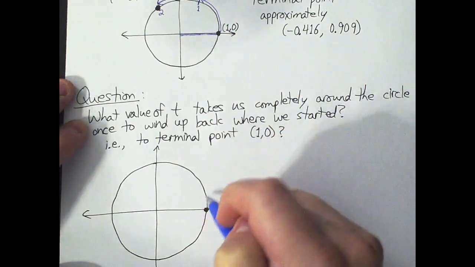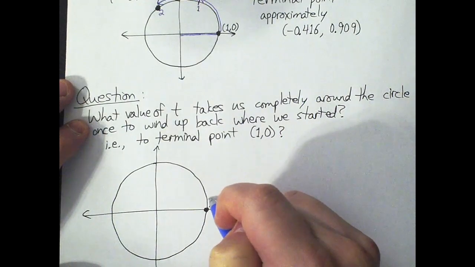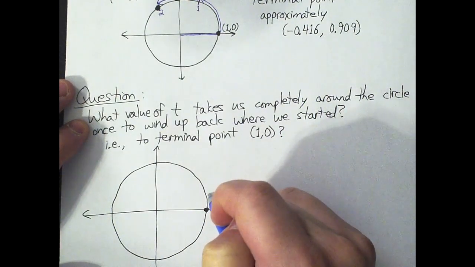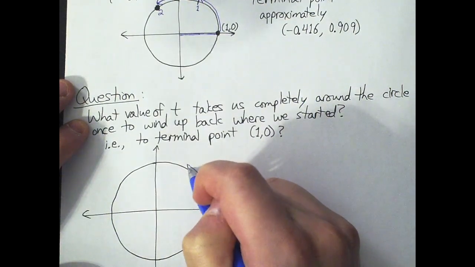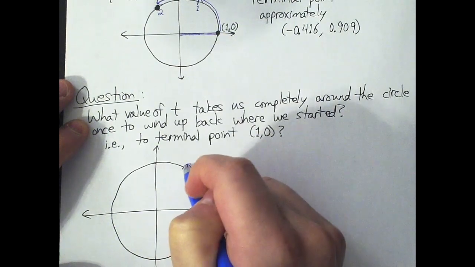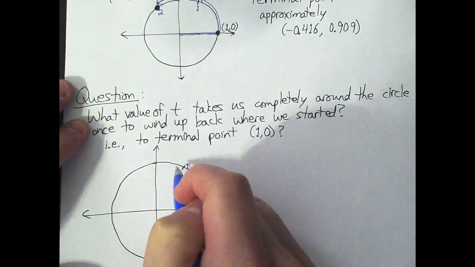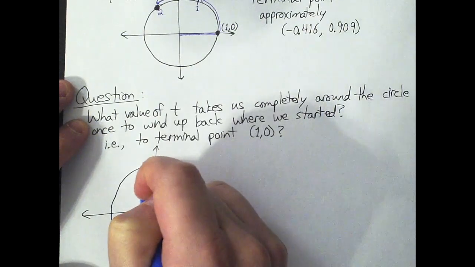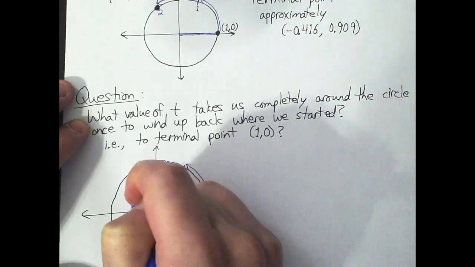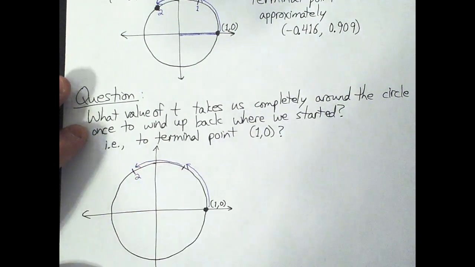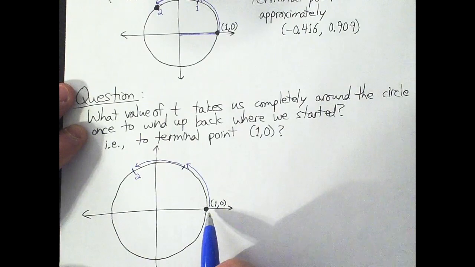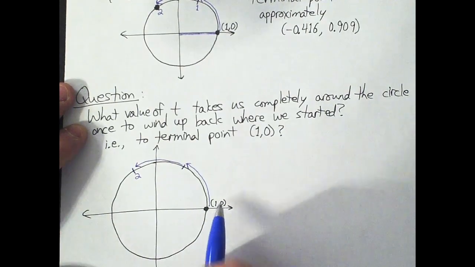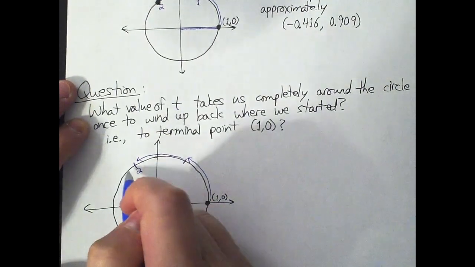How about we start by going, let's say here's about 1. Here's about 2. That's kind of where we stopped last time. But now we want to keep going. Let's figure out what t needs to be to get all the way back to the beginning.